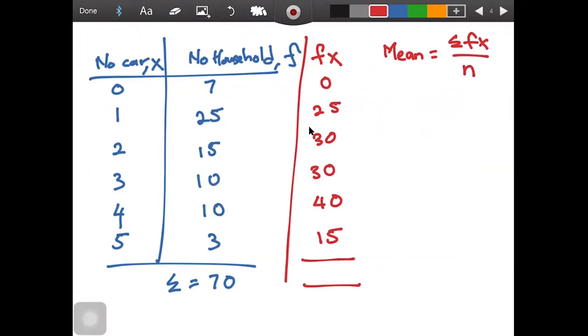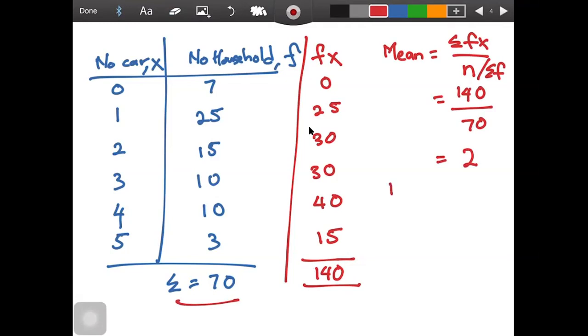So 0 plus 25 plus 30 plus 30 plus 40 plus 15. The answer is 140. So 140 divided by n is the sum of frequency, jumlah frequency, 70. So the answer will be 2. Okay, mean is 2.